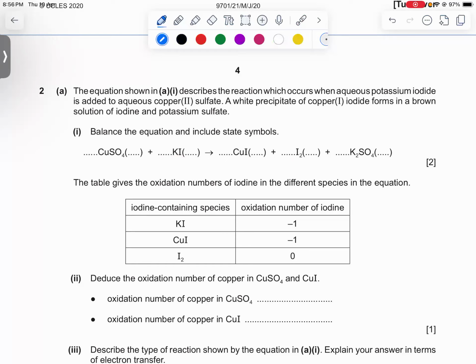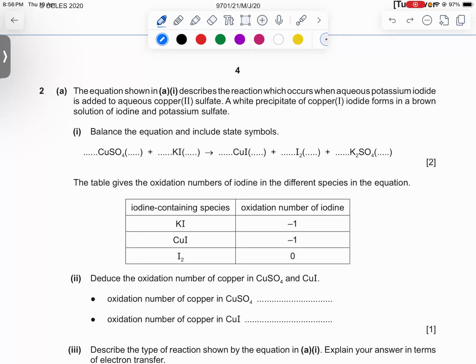We can see that copper is once over here, and copper is also once over here. Sulfate is also once over here, but copper is again once over here, and sulfate is also once over here. So we don't really have to put any number before that.